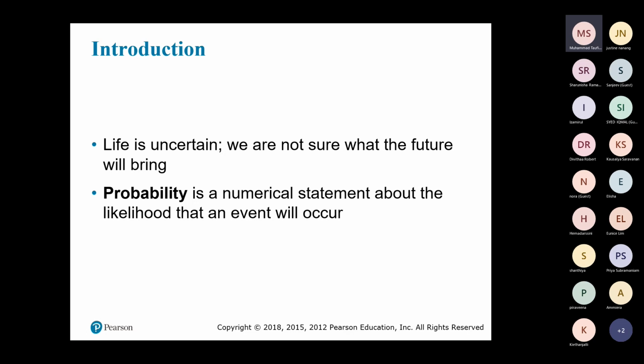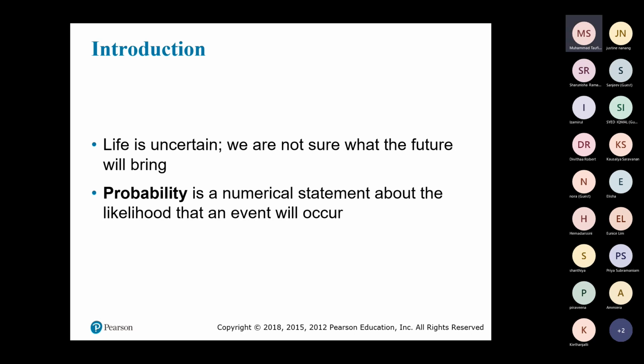Probability happens when we are not 100% certain with the data that we gather. Maybe we are 90% certain, maybe 95% certain. All the percentages, 80%, 70% or 90%, that is what we call probability.